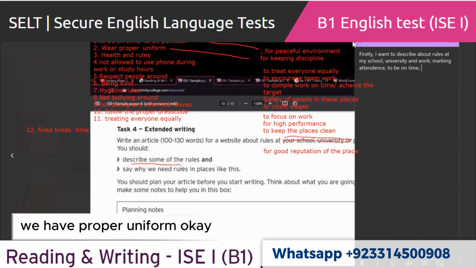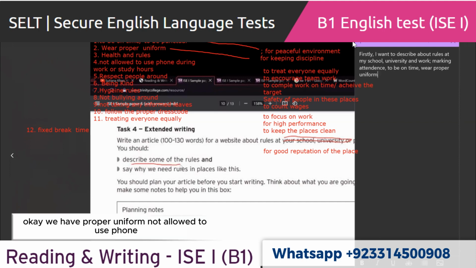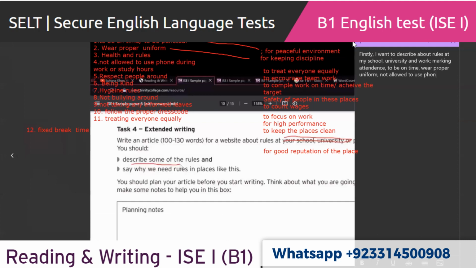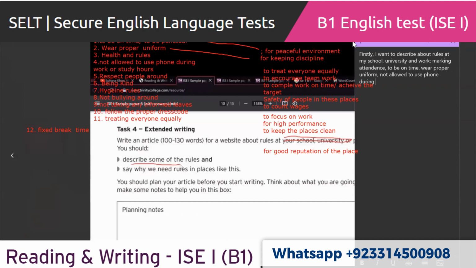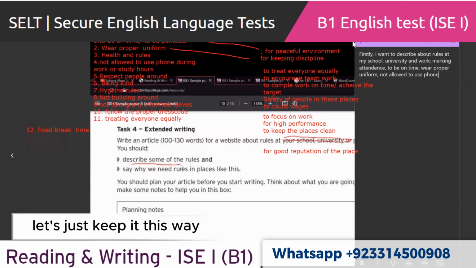Wear proper uniform. Not allowed to use phone during work or study hours. Health and rules. Let's just keep it this way.